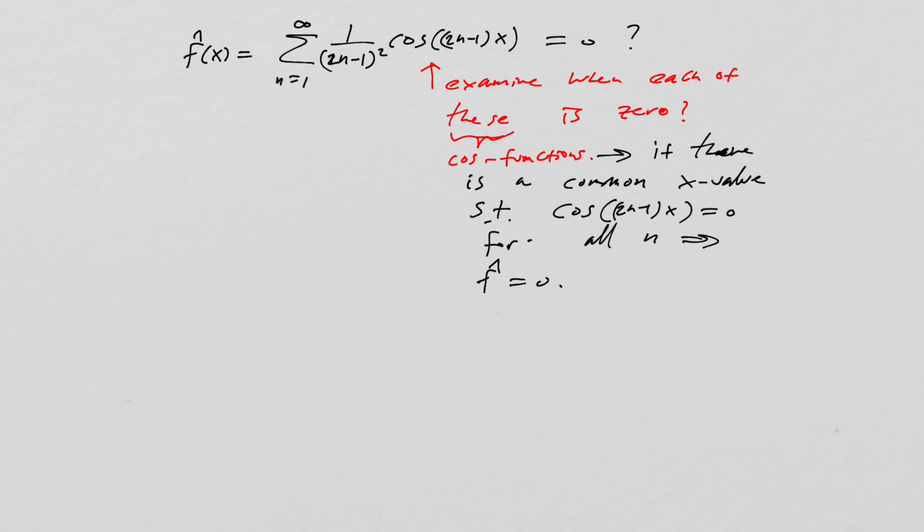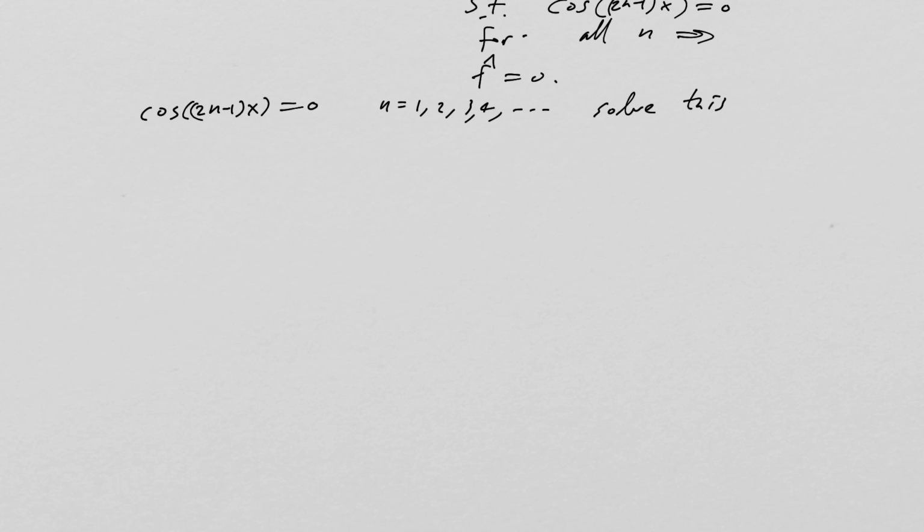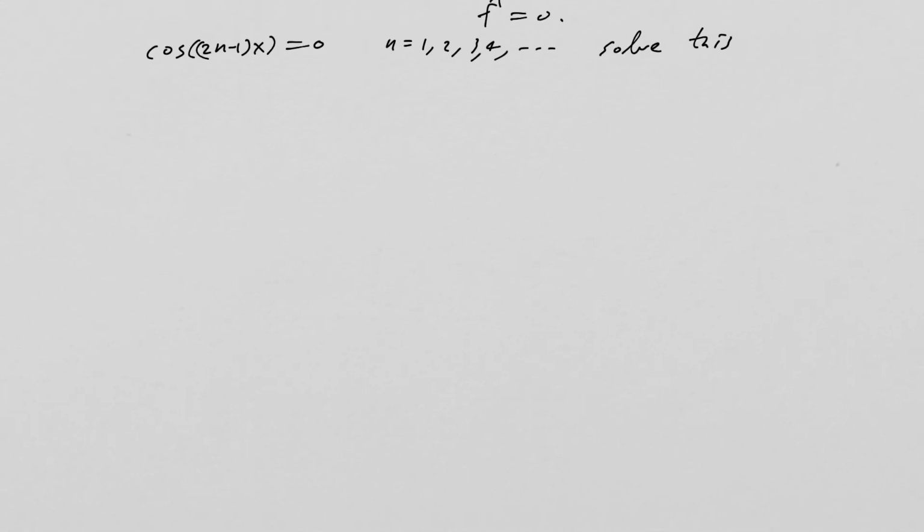Well, this seems like a pretty straightforward thing to do. Let's give myself a little bit more space here. And again, I'm going to write down that function. It's going to be cosine of 2n minus 1 times x is equal to 0, and n, of course, is going to run from 1, 2, 3, 4, up to forever. So we want to solve this. All right, so we have a 2n minus 1 times x.